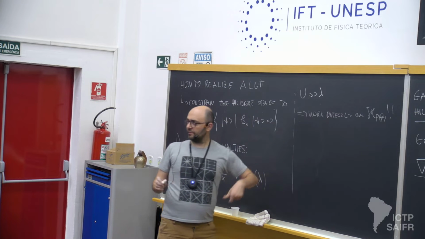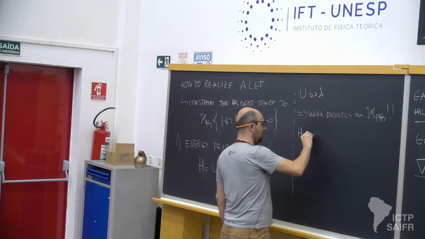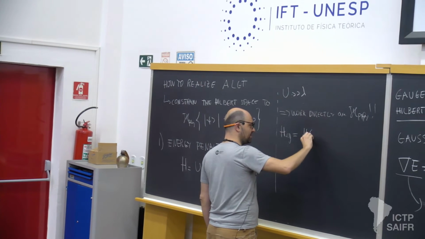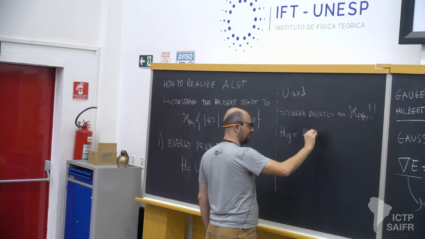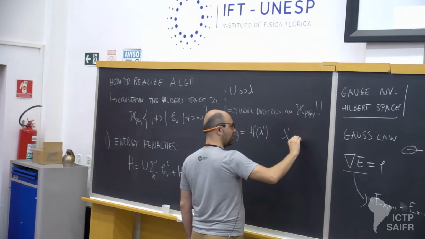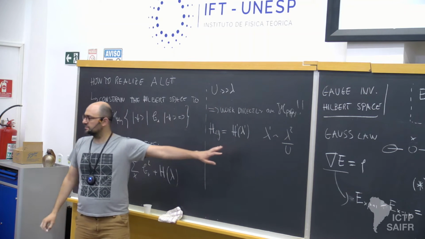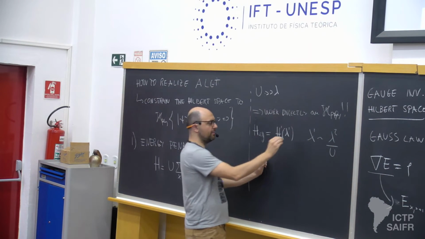The point is that you have an effective Hamiltonian, H effective, which is H prime with coefficients lambda prime, where lambda prime is of order lambda squared divided by U, or higher orders. So that's second order perturbation theory, plus higher orders.